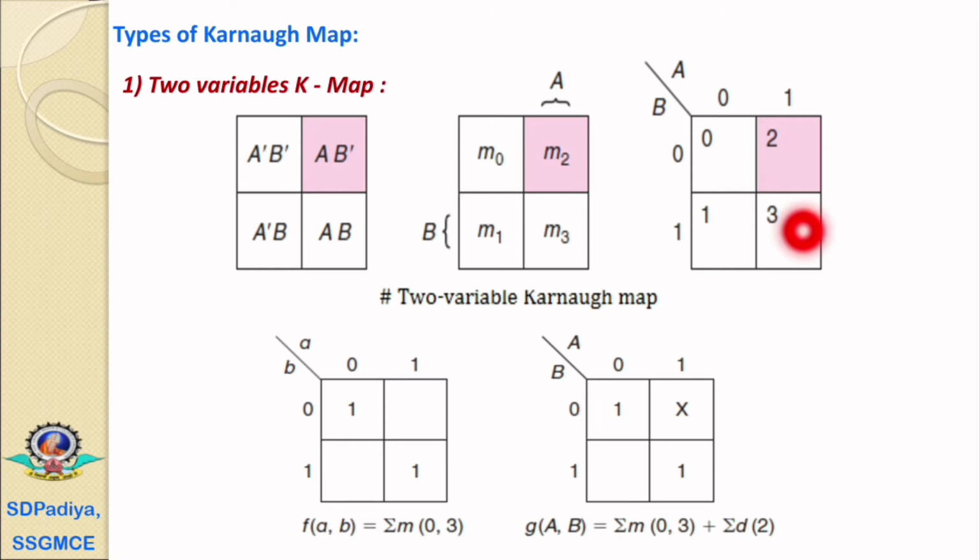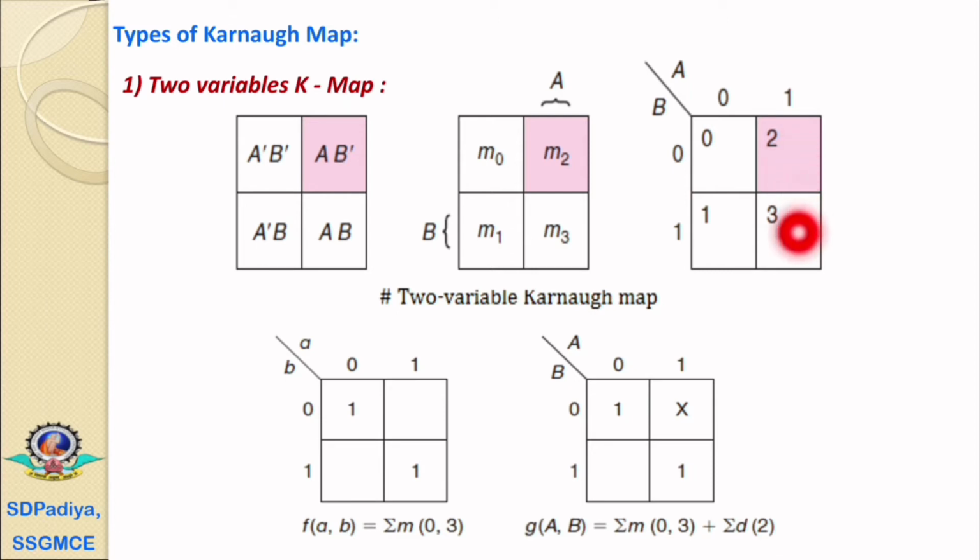Therefore, at the time of construction of the K-map, we have considered these columns as variable A and these rows as variable B, so that the first column designation is 0 and the second column designation is 1. The first row designation is 0 and the second row designation is 1. So that we will get 0 0, 0 1, 1 0, and 1 1.